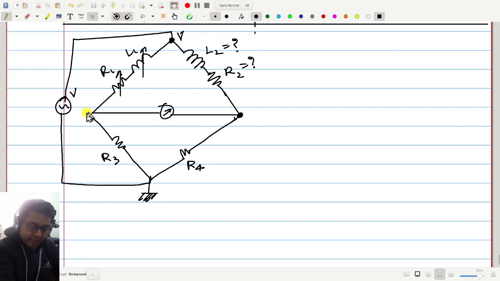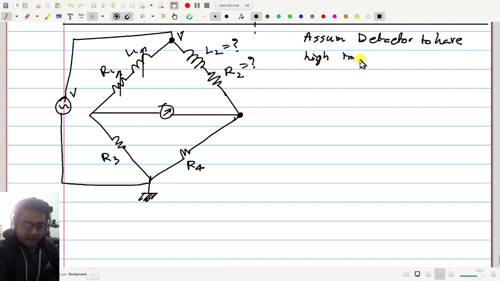To make our analysis simple, let me assume the detector to have high impedance, like an ideal voltmeter or oscilloscope, so that the current flowing through the detector is very small. Therefore when you are changing the left side of the bridge, this potential will not change much. So this is a fixed potential, V fixed.